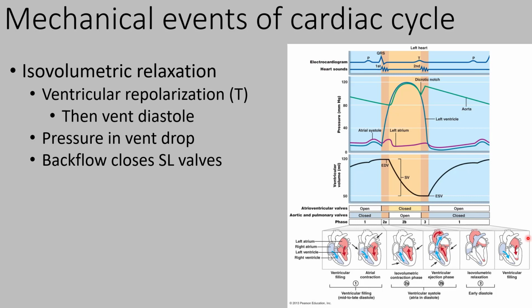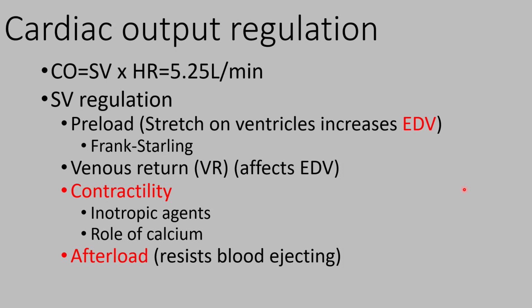So now let's start talking about things that can influence that heart functionality. Let's talk about cardiac output. So now we're starting to learn terms that are going to be related to blood pressure again.